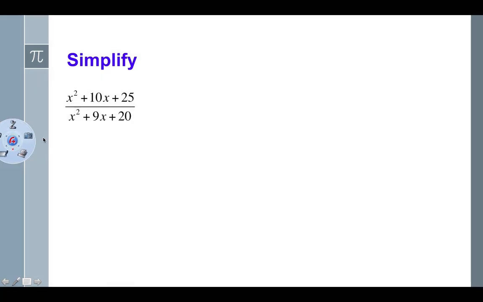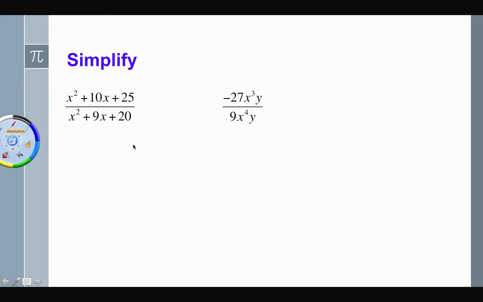All right, so let's look at another example. We have an example that says negative 27 x cubed y. Now this one has no plus signs or anything like that, so we're going to think about this in a little bit different fashion. I want to think about this just like I thought about the problem where I had 6 over 8, since 6 over 8 could be written as something else.